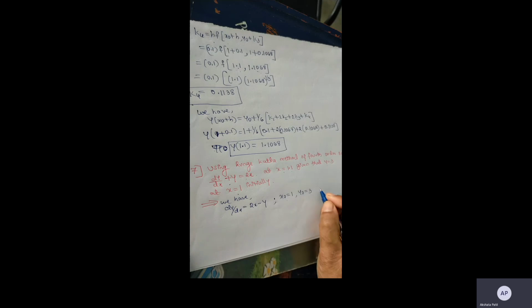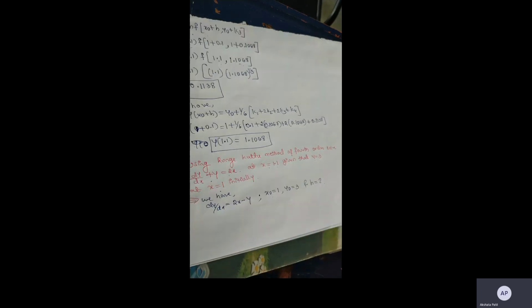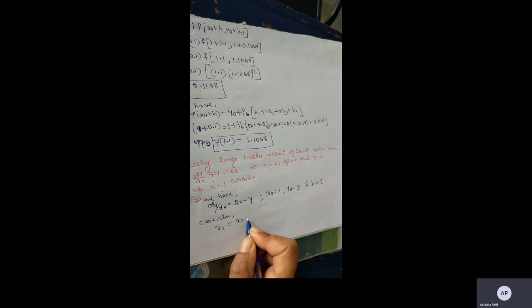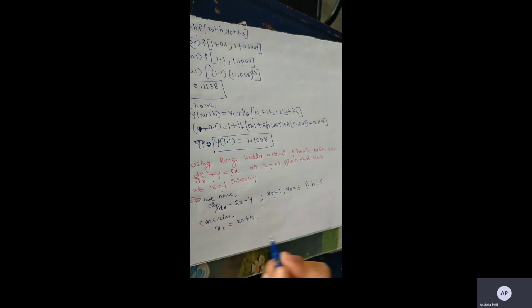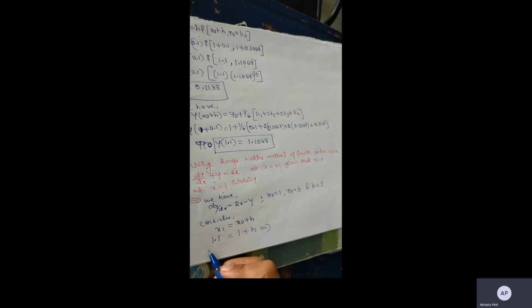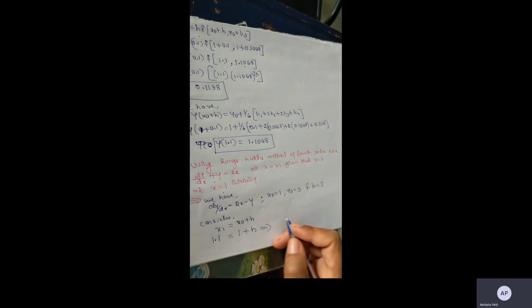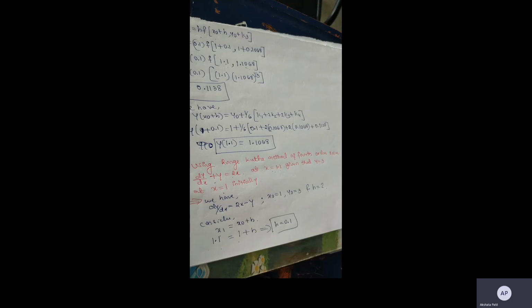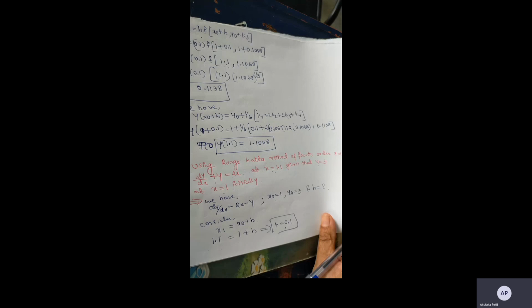So consider x1 which is equal to x0 plus h formula. X1 they have given here 1.1 and x0 is 1 plus h. So 1.1 minus 1 is equal to h, which is equal to 0.1. So we are getting h value 0.1 here. So after calculating h here, we should calculate K1, K2, K3 and K4 values first. Okay, so write it down.